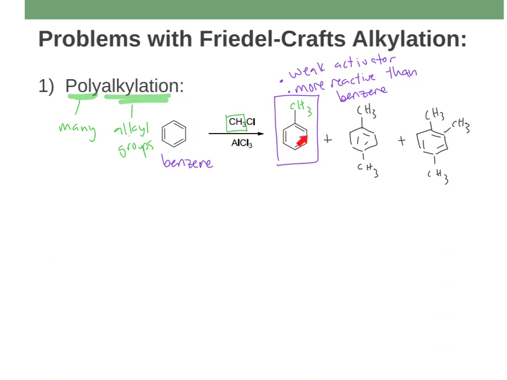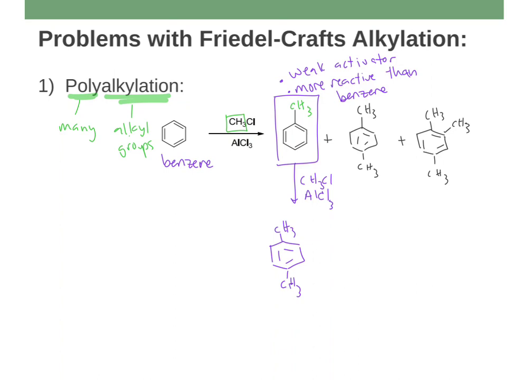So now this is more reactive. Reactions are going to occur more quickly with this than the starting material. So this is then going to react with your next adduct, where the CH3 and the chlorine attack the aluminum. This is going to react to give you a dimethylbenzene.